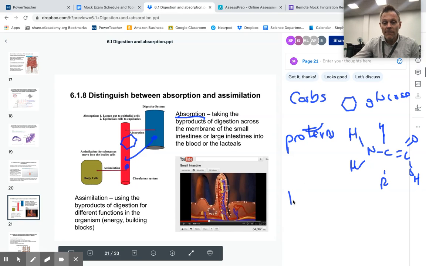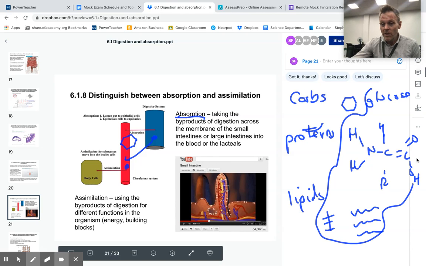The last thing is fats, also lipids. Lipids are broken down into a glycerol molecule and three fatty acids that we sometimes draw like this. Eventually they go into your blood, but there are a couple of steps we'll talk about for how they end up there. So that's absorption: taking these products of digestion, the smallest units, and bringing them into your blood.